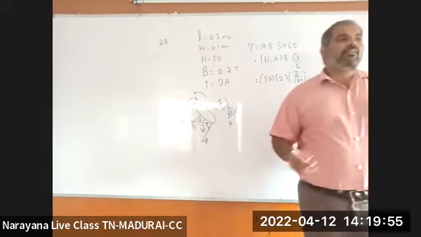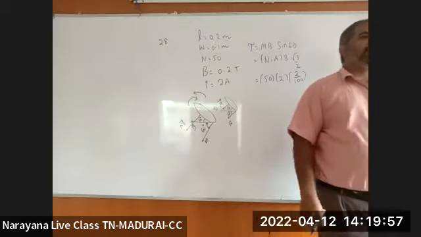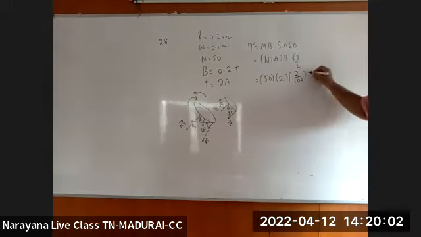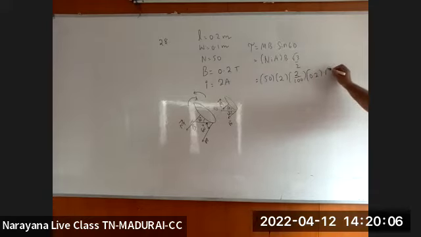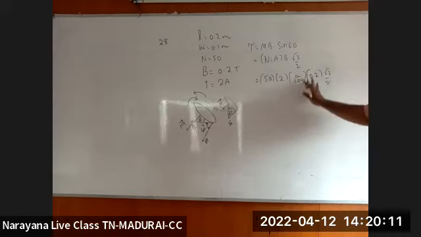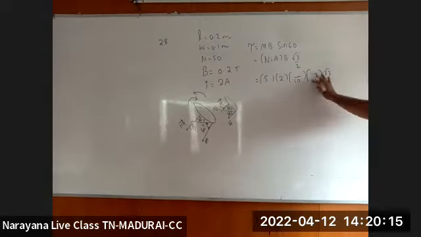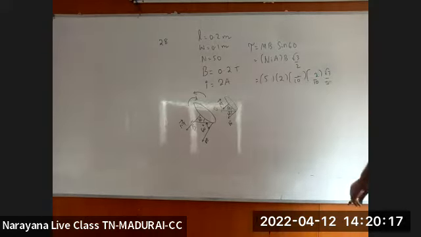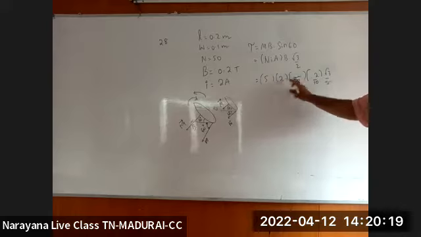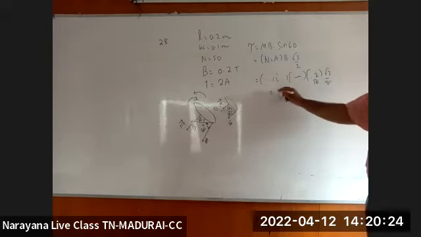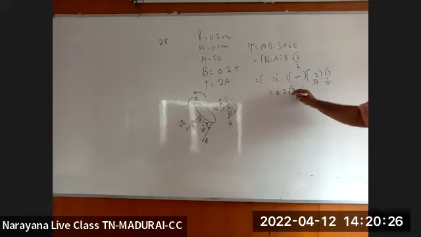MB sin theta, where theta is the shortest angle between M and B. What magnetic field is given? 0.2 Tesla, and root 3 by 2 here. The 2 cancels out, the 0 cancels out. 0.2 means 2 by 10. 5 twos are 10, this 10 and this 10 cancel. So 0.2 into root 3 is your answer.